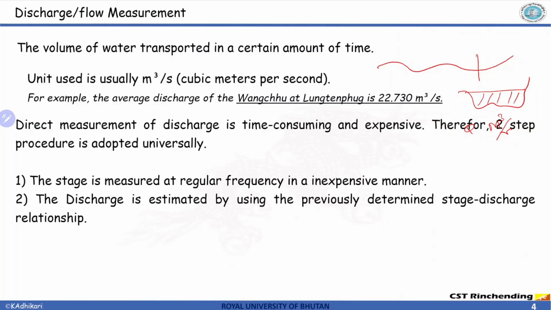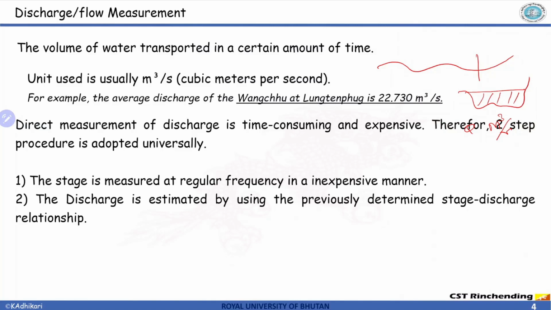To do the discharge measurement at a particular site is a time consuming and very expensive process, because you have to go there, do a survey, find the area, and do so many other things to calculate the discharge. You also need to calculate the velocity at different points, then average these velocities, right? And this is going to be very expensive.